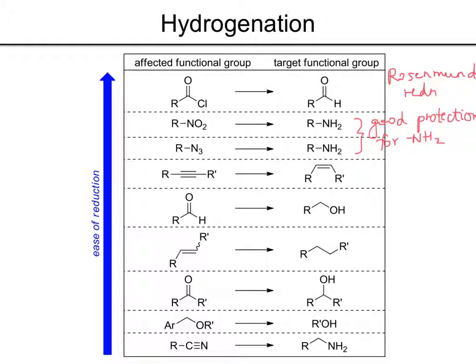We can also reduce alkynes, and remember for hydrogenation we are always going to go to the cis alkene. We can reduce aldehydes to the corresponding alcohols. We can reduce a cis or trans alkene to an alkane. We can also reduce ketones to alcohols. Now for all carbonyl compounds, we prefer to use group 3 hydrides.